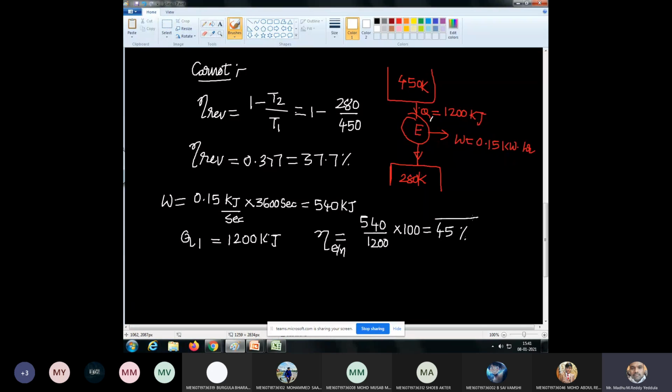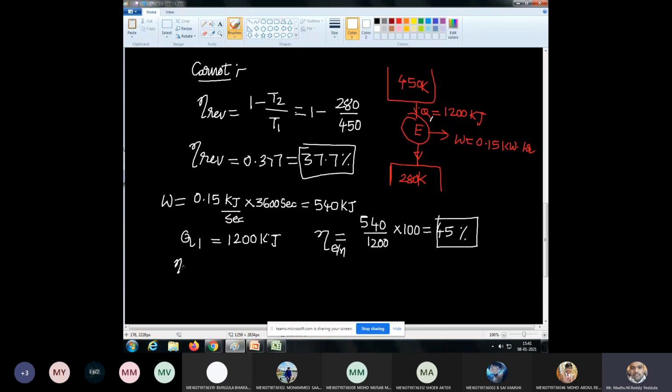So the engine efficiency I am getting is more than the Carnot engine efficiency. Is this possible? No, not possible, since no engine can be more efficient than a reversible engine. So the claim is false and the patent is not issued.